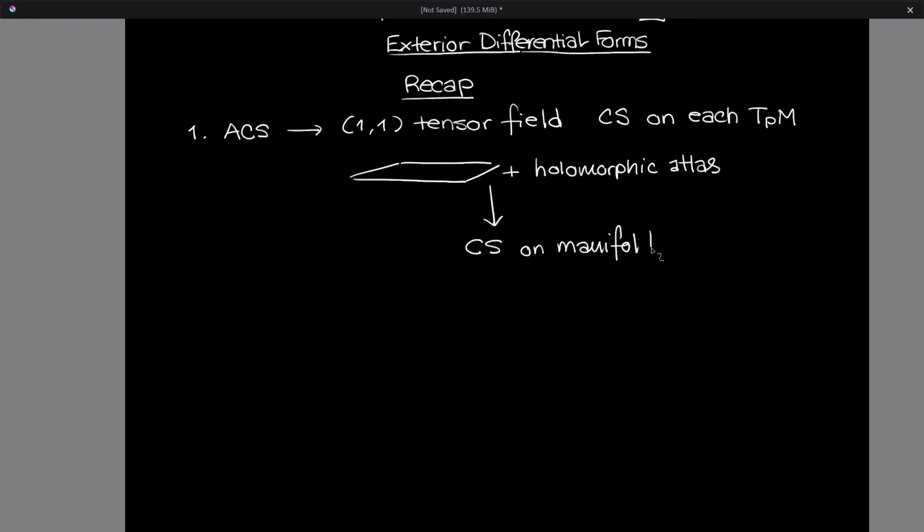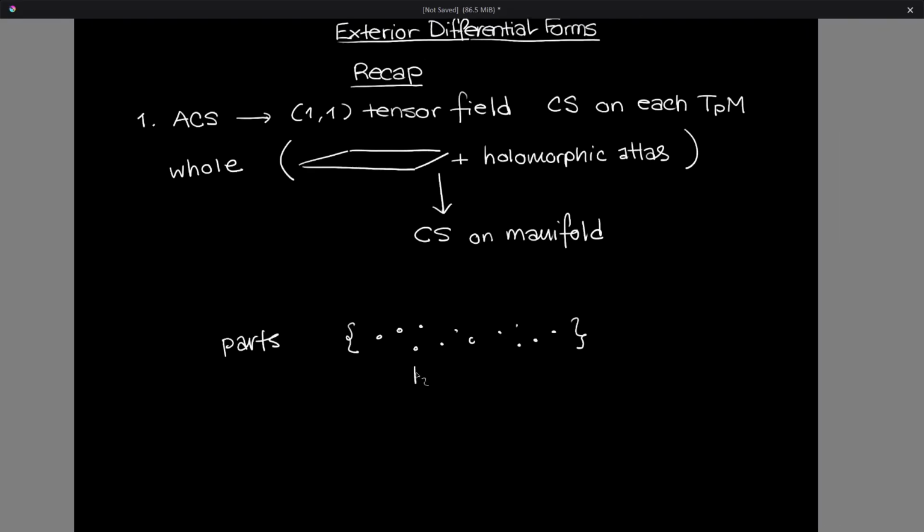So we were asking, well, what if instead of looking at this picture where we have the whole manifold, we look at the parts. We think of it as a set of points. I'm going to just draw them as these little dots. So these are all the points on the manifold.